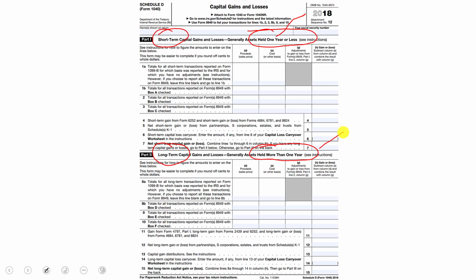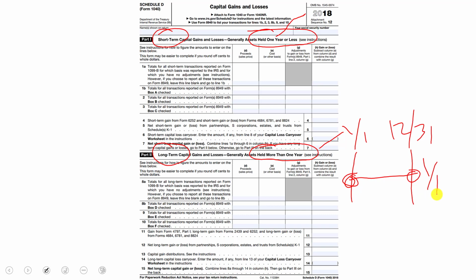So typically, if you look at a calendar year, January 1st and December 31st, if you buy the asset here and you sell it here, you have not held it for a whole year. So let's say you buy it here and you sell it here on January 1st of the next year. You've held it only for 1 year.